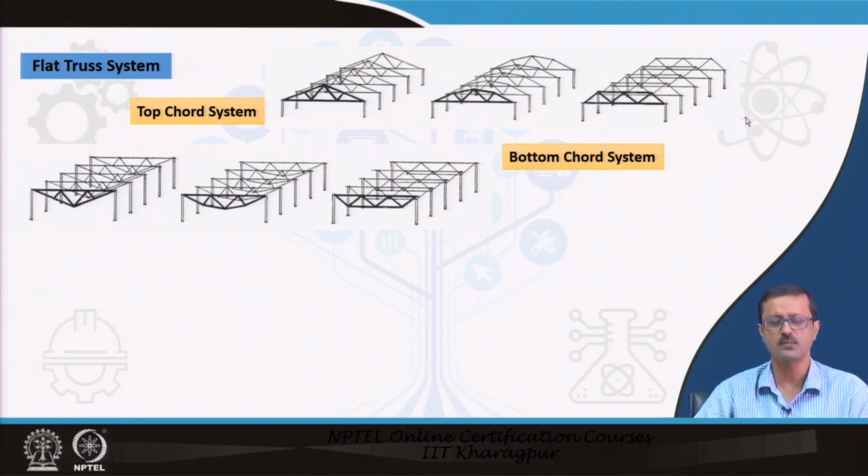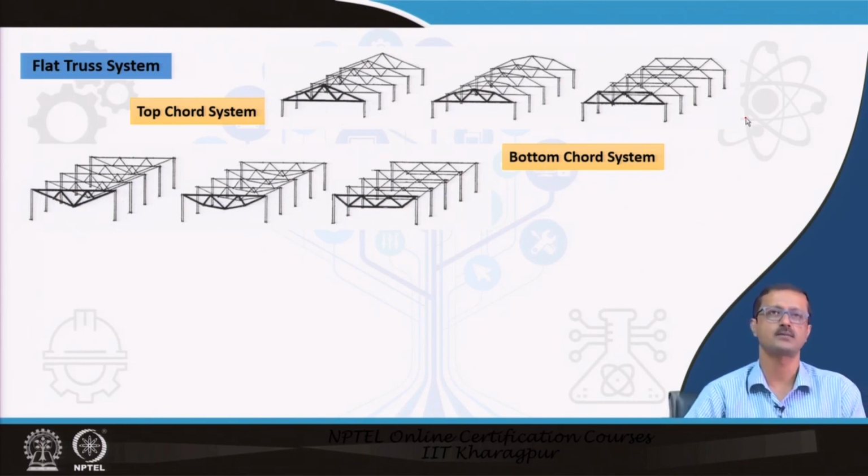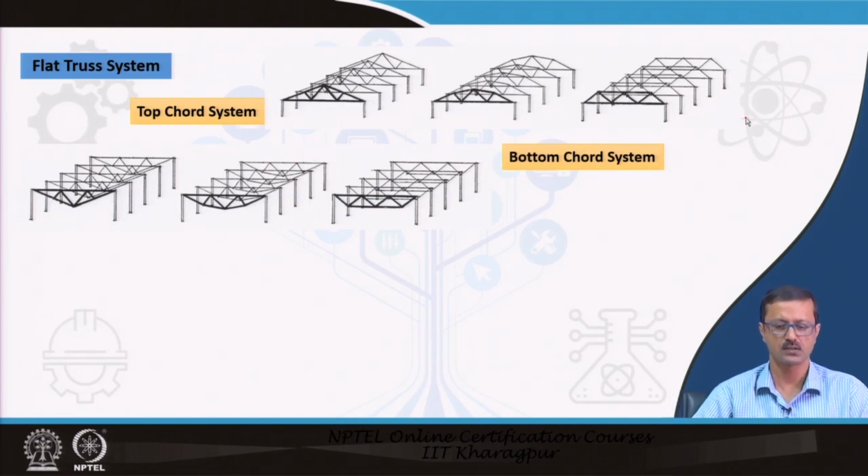But this bottom chord system is not so popular or adopted in buildings or the built environment. These bottom chord systems are much adopted in bridges, particularly the second one, and the third one also has much applicability in bridges.